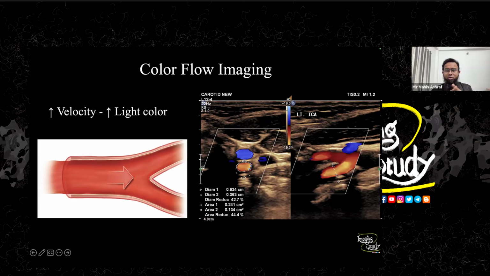This outer part indicates the high velocity flow. Always remember that our color Doppler machine will show you high velocity flow as a light color. Here the dark red means low velocity flow. Here you can see the lightish color, so it indicates there is a high velocity flow going on there.